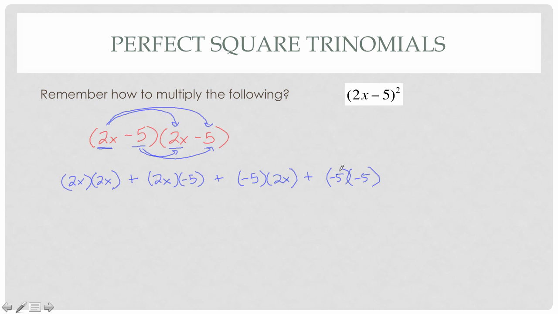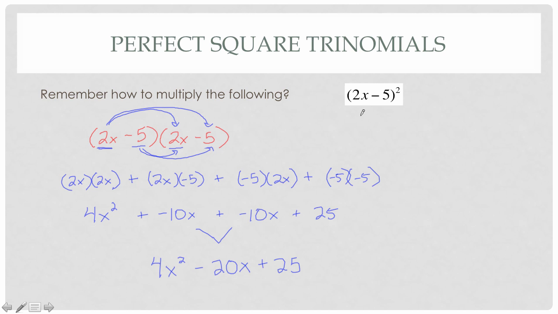That's a little review on multiplying binomials. When I put it all together, we've got 4x squared plus negative 10x plus another negative 10x plus 25 when I just multiply everything all out. And then you'll notice we can combine these middle terms to get 4x squared minus 20x plus 25.